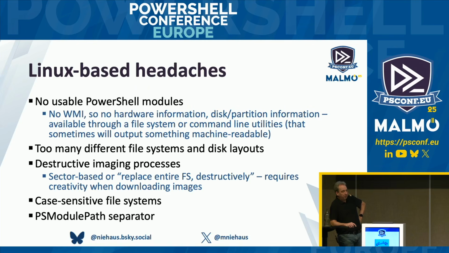They use different file systems, they use different disk layouts. If you're someone who really likes the B-tree file system, oh man, that one's really nasty. Figuring out how to deploy that one is very interesting. But we're working our way through those to figure out how to most easily do those.